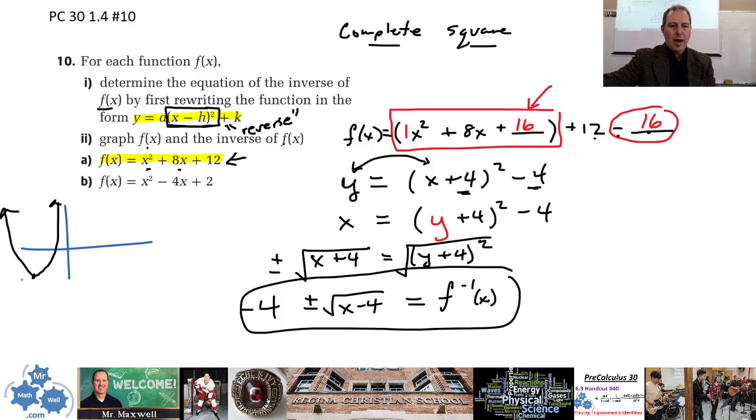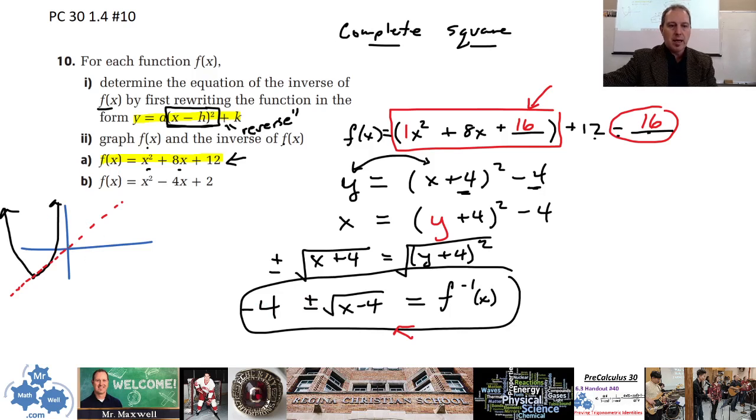And obviously, the y equals x line is going to be sort of the mirror line, right? So it's going to look something like this. And with this graph right here, you have to understand this plus or minus. Here is the plus version, the positive, the -4 plus. So now watch this.